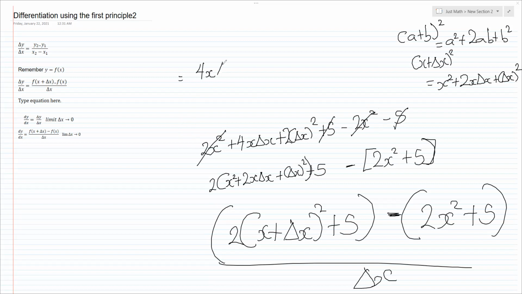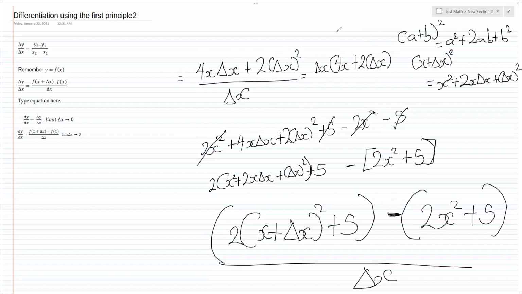So we're left with 4x delta x plus 2 delta x all squared over delta x, remember? Okay, and then what's common here? Delta x. Open the bracket, we have 4x plus 2 delta x.